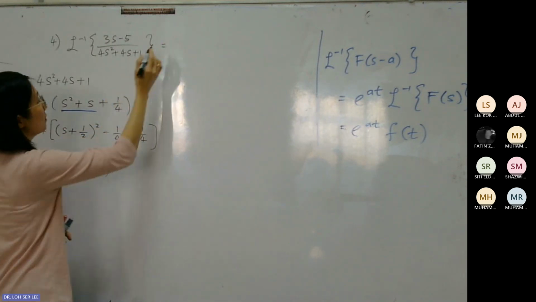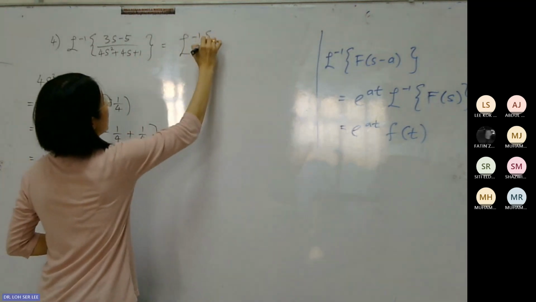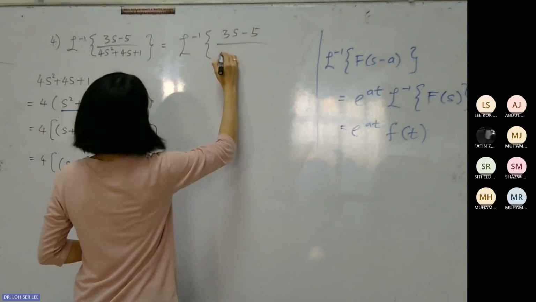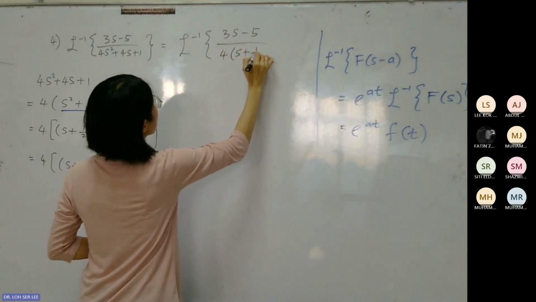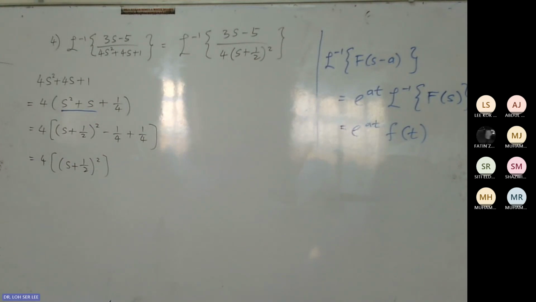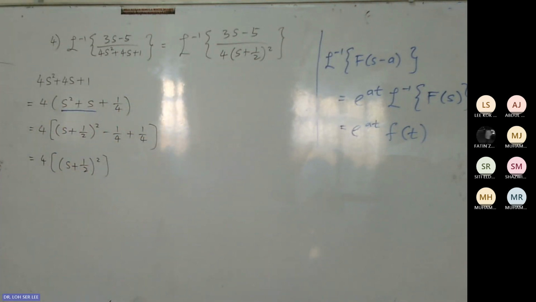Back to this question. We rewrite so that you can see clearer. 3s minus 5. Here will be 4s plus half squared. This is our new question. If you compare to the given formula, which one do you have to use?